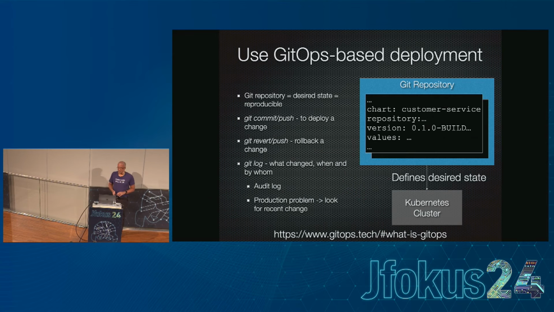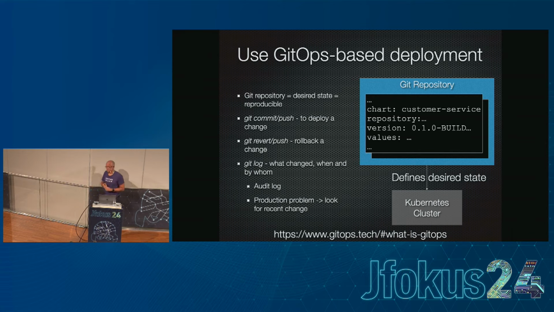So the right approach, one possible approach, which I think is quite good, is to use GitOps-based deployment, where you have a Git repository that specifies the desired state of the cluster, the particular versions of all of the Helm charts that you want to install, plus actually other manifests as well, though here I'm focusing on the Helm charts.